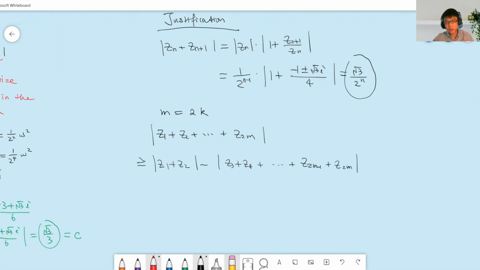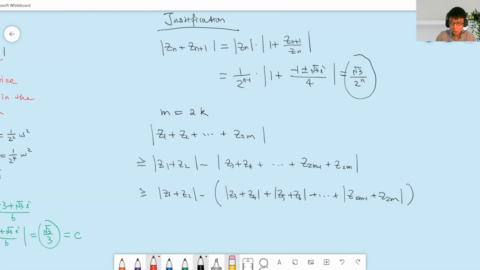Right. So in this way, we discuss m equals 2k because we can group two terms together and use the above property. And this is larger or equal to minus z3, z4, z5, z6, up to z2m minus 1, z2m. Okay. And now let's see what's the expression here.